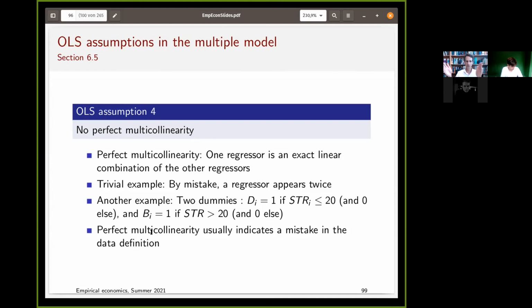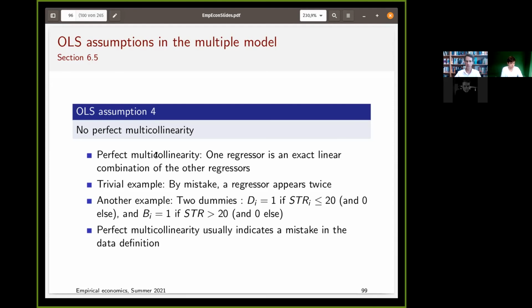And if it's possible to find a linear combination of some regressors, which is exactly identical to another regressor, then we have the case of perfect multicollinearity. Okay, so perfect linear relationship between the regressors.